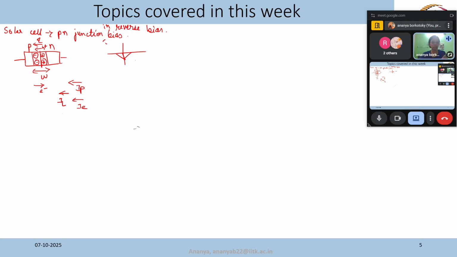That is the current we get, and from that we can use the solar cell for electricity.